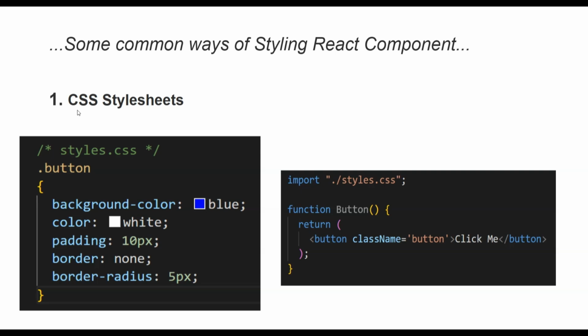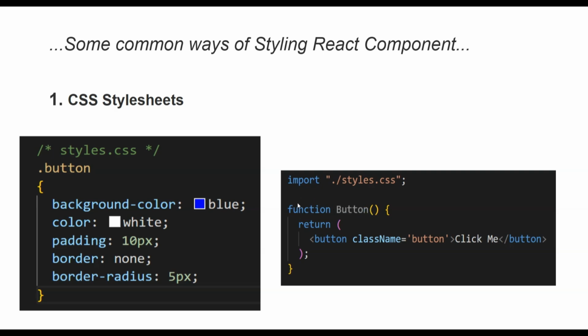So the first one right here is using the CSS style sheet. Here we can create a file, for example, like styles.css. Now we declare CSS classes inside that file, and we declare everything we want in each class. Then we come back to the component right here. This one is a component called button, right?